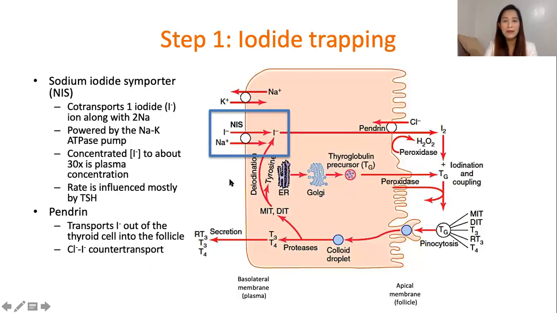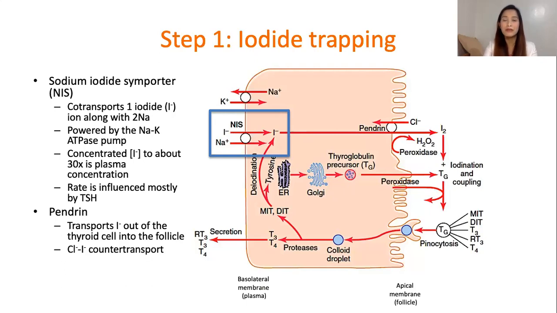The first step in thyroid hormone synthesis is the iodine from your diet. When you eat a regular iodine diet, it will be absorbed in the body and trapped in your thyroid gland.